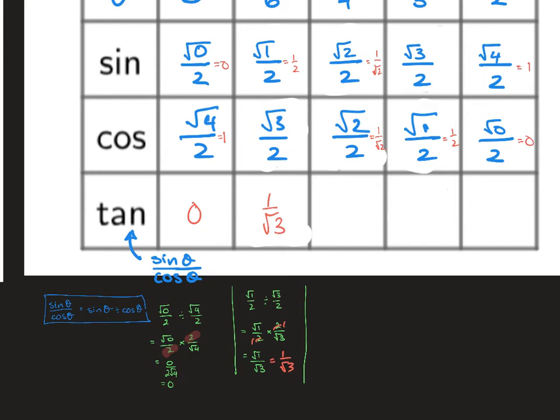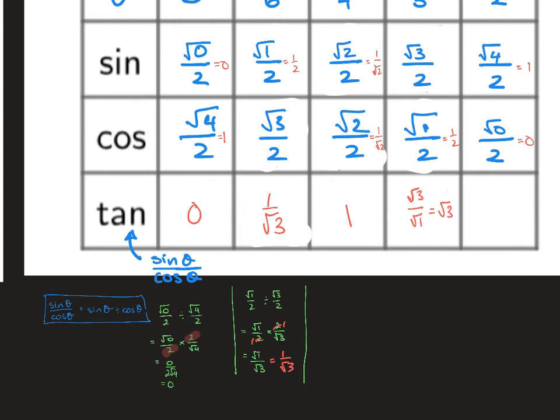And if you go through and do the rest, so root 2 on 2 divided by root 2 on 2, that's 1. If you do root 3 on 2 divided by root 1 on 2, the 2's will cancel and you'll end up with root 3 over root 1, which is just root 3.